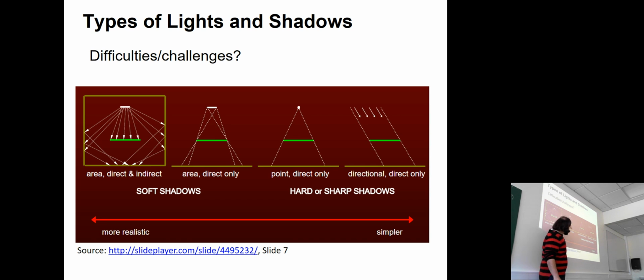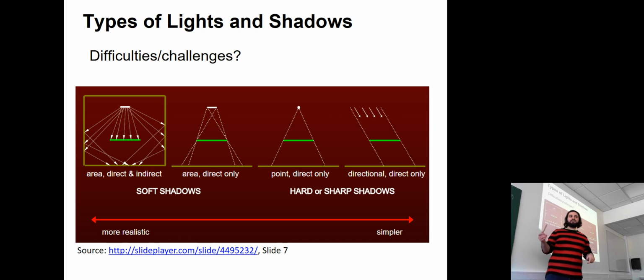This area doesn't get any light still, so it's still black, but for these areas, you get some light. You don't get this ray coming here, but you get something coming from here, you get something coming from here. So this is lighter than this, but still darker than this that gets all the light from there.